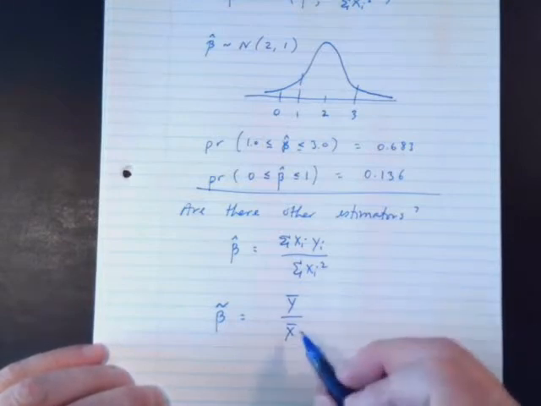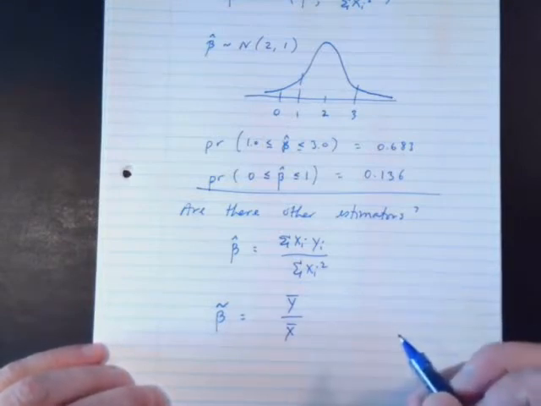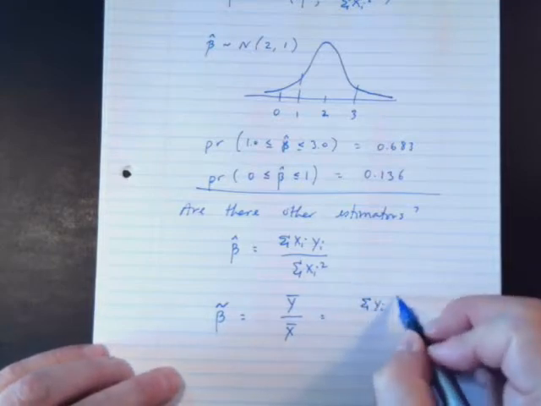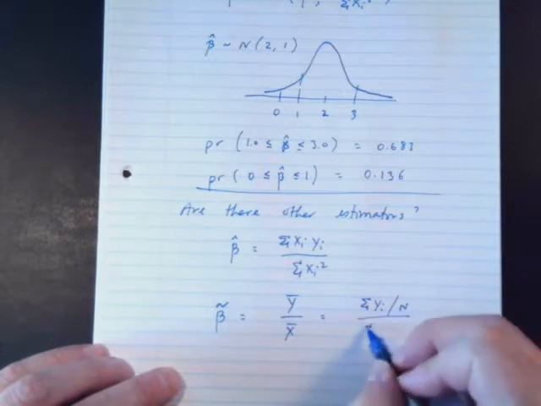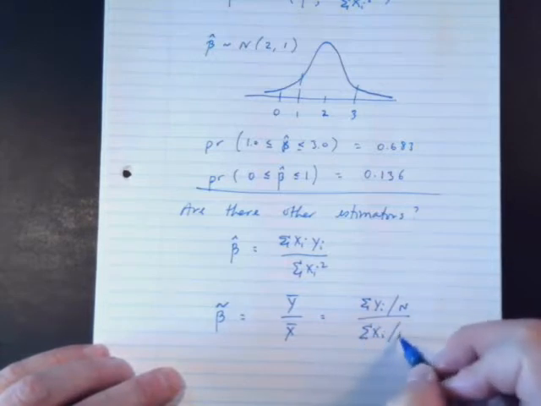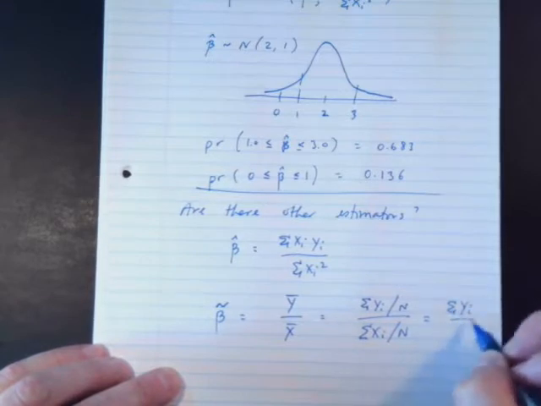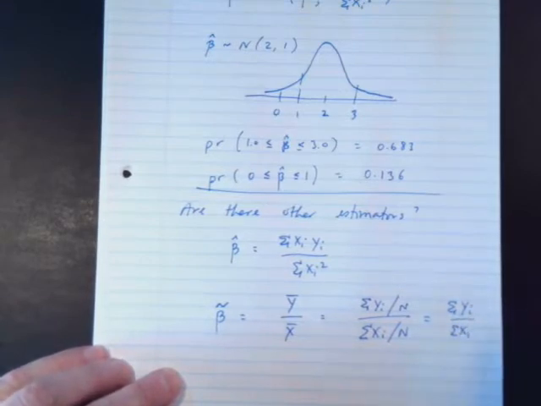We could ask, what are the properties of this slope estimator? So this one is the sum of y divided by n over the sum of x divided by n. So the n's actually cancel, so then it's the sum of the y's over the sum of the x's.